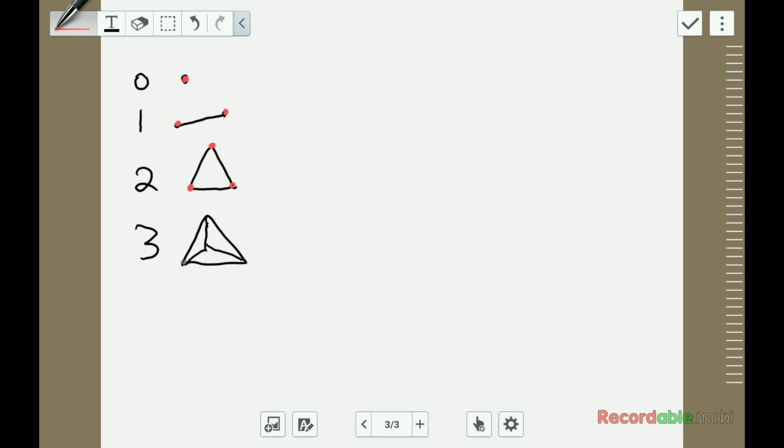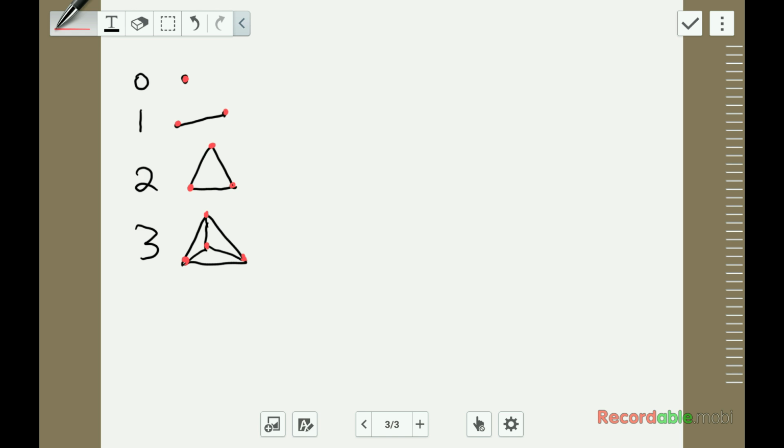The 3-dimensional one, 4 points, all interconnected. So these shapes are actually called simplices or simplexes, and they're very fundamental in the study of geometry because they're really the kind of smallest and simplest kinds of shapes of a given dimension.